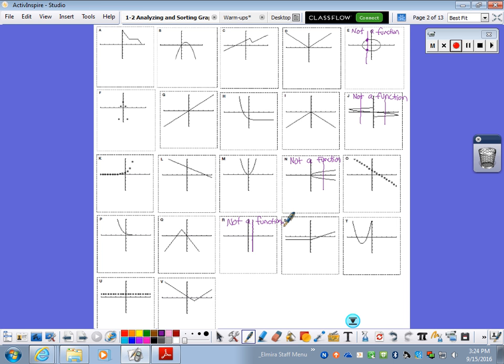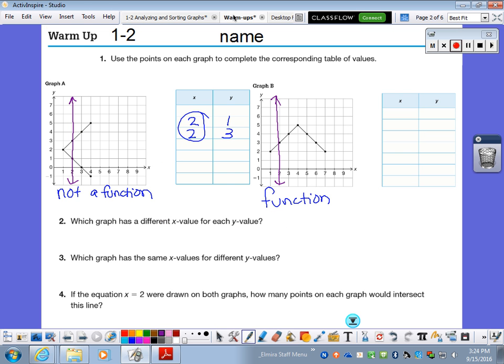When we did our warm-up in class yesterday, we drew in these vertical lines at x equals 2. You can see where it crosses 2 times on that graph. It is not a function. You can also see 2 different y values for the same x value. The x value of 2 got used twice, once at a y value of 1 and once at a y value of 3.